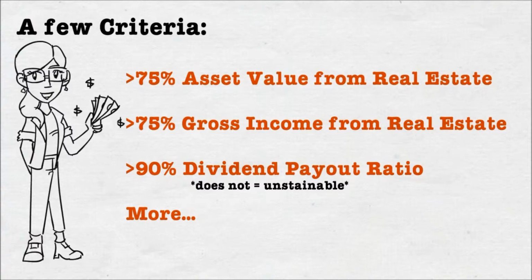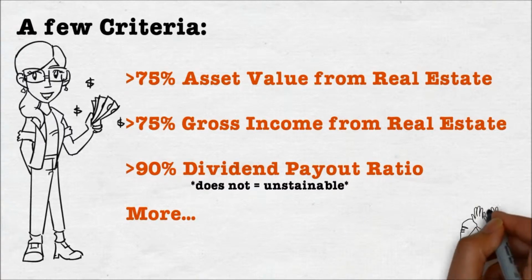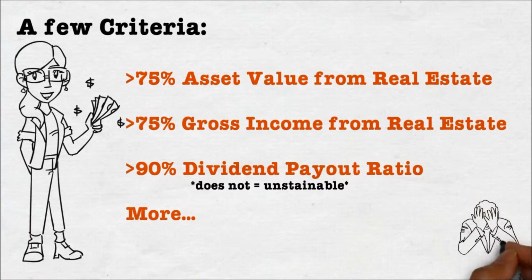But the REIT is very specific, and it's very important to note that it is an exclusion to this rule. So don't apply the criteria that I've taught you before to REITs. They are a separate form of investment that you can't judge by the same standards.